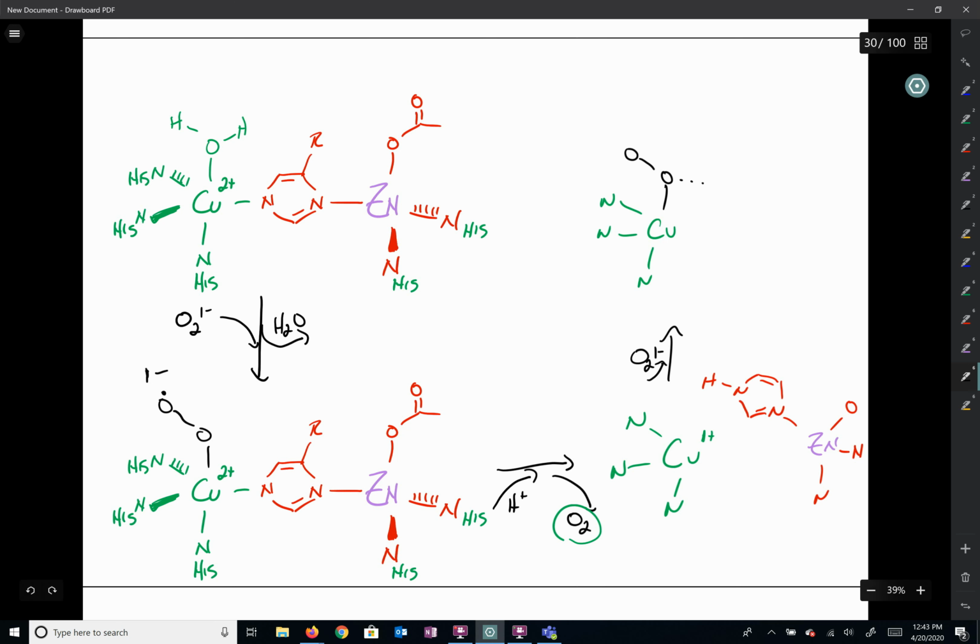The imidazole hydrogen there is interacting and helping to stabilize, and it will shuffle off an electron here in a moment, right? Let me just finish drawing because apparently I can't talk and draw at the same time. It will start to help stabilize that superoxide in this case, okay?